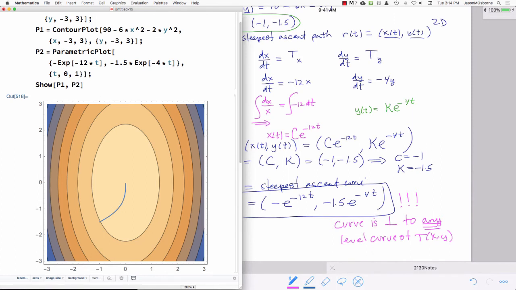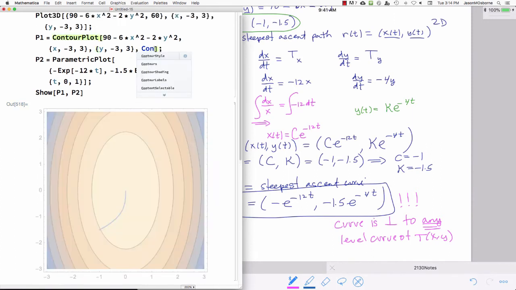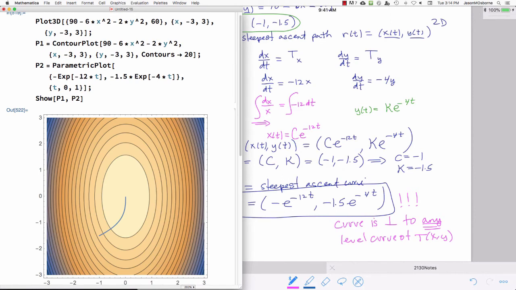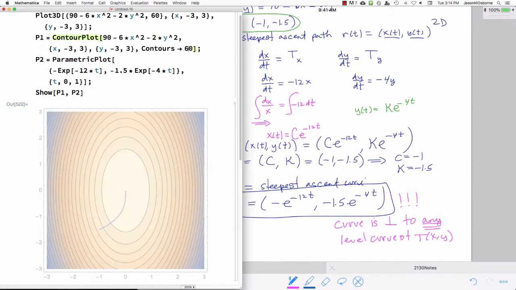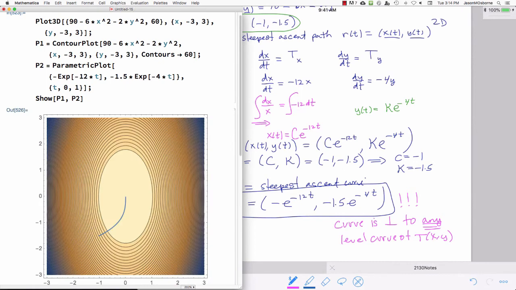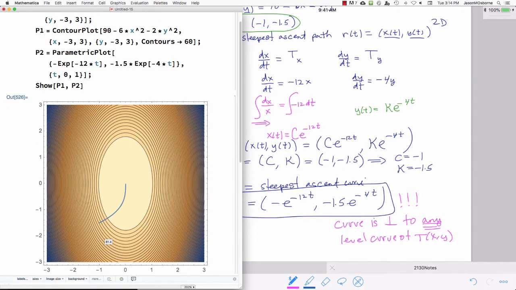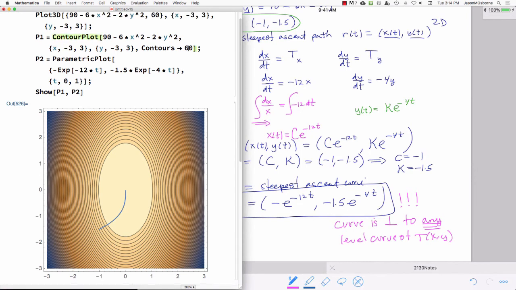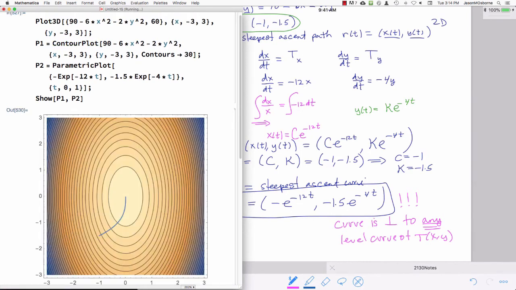Let me do something here. Let me show more contours. Let's do 20 contours, and maybe even draw some more. Let's draw 60 contours. Maybe that's too many. Let's go to 30.